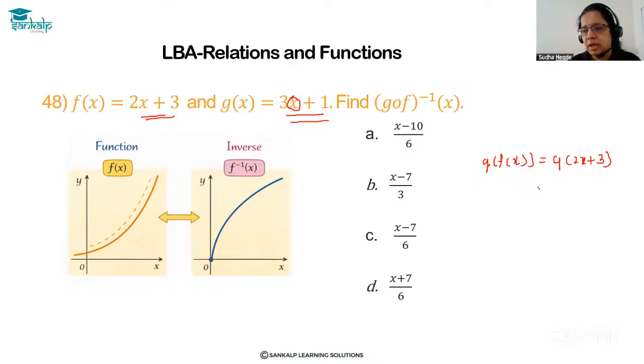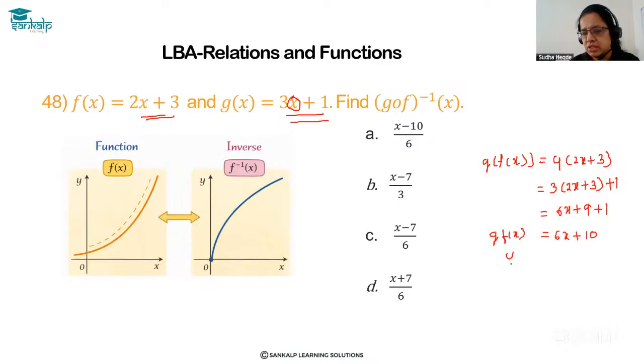So, this is equal to 3 into 2x plus 3 plus 1. So, that is equal to 3 into 2, 6x plus 3 into 3, 9 plus 1. So, that is 6x plus 10. So, G composition f of x is 6x plus 10.